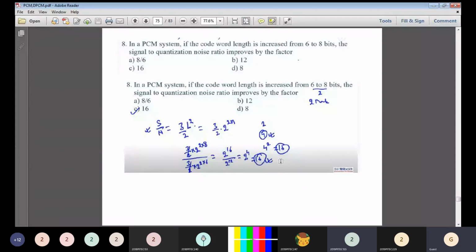We can say it is 16. So the answer will be option C, 16. In a PCM system, if the code word length is increased from 6 to 8 bits, the signal to quantization noise ratio improves by the factor 16.